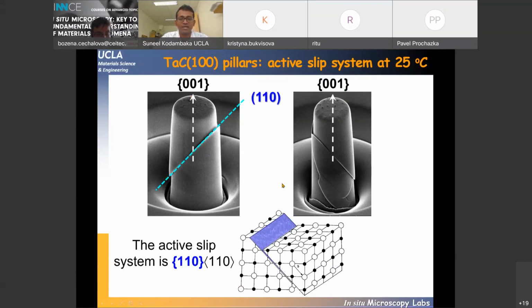And so that's the macroscale slip events that you observe. And it's definitely not 111. Visually, you can see that the 111 plane would intersect the 001 axis at this particular angle, which is different from experimentally observed. And that's the same case for a different pillar as well.